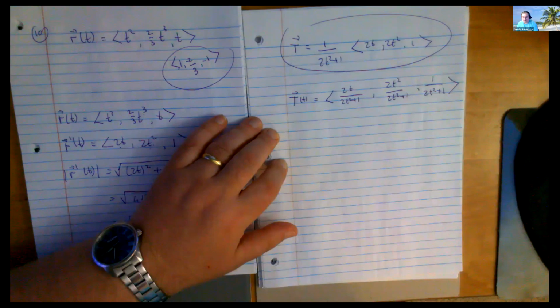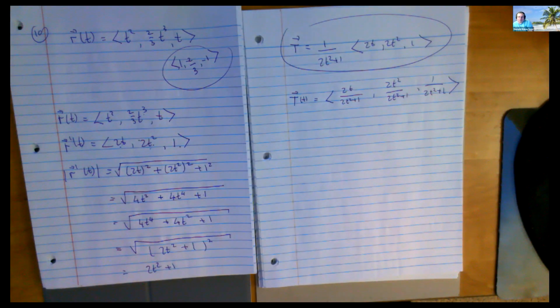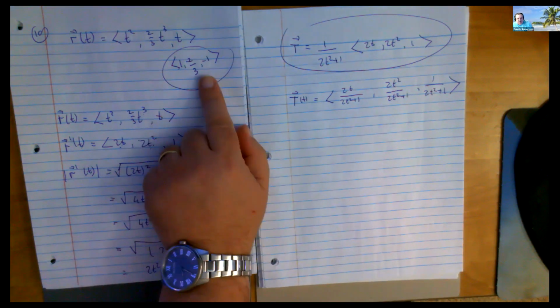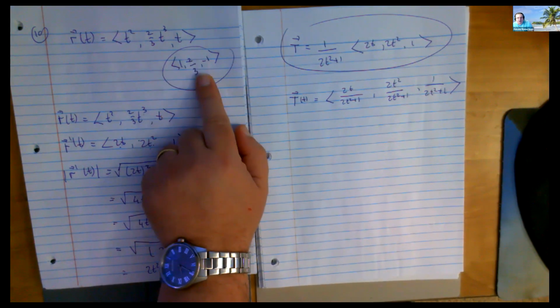Now that's as a single vector. Interesting. Now I still need to get the unit normal, and that is going to be messy, but I'll do it. And once I've got the unit normal, I will then evaluate them using this point.